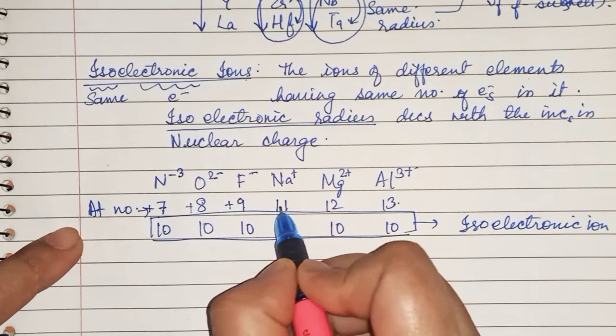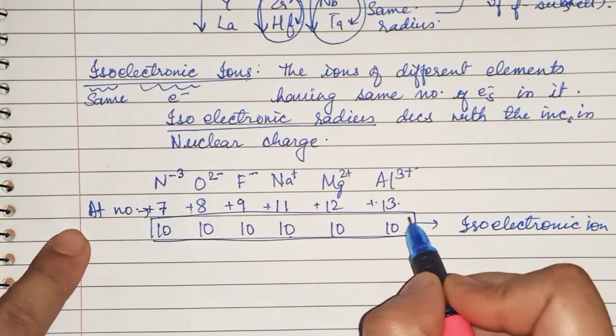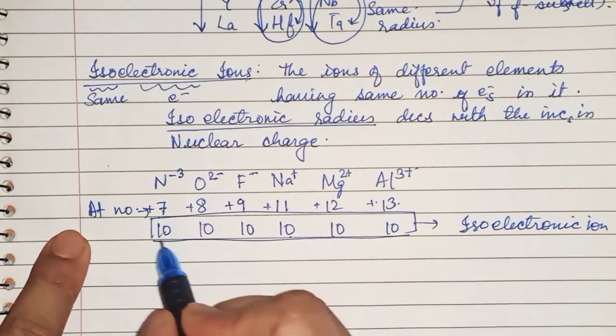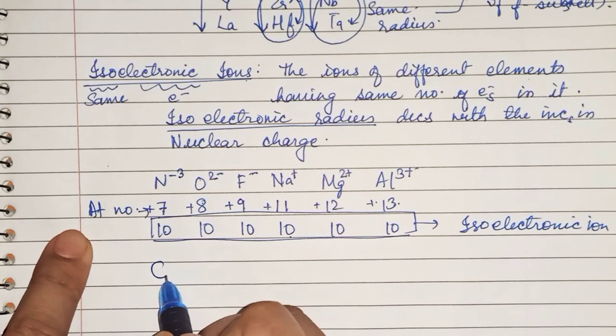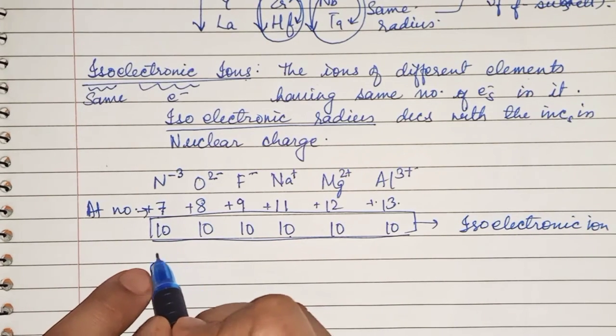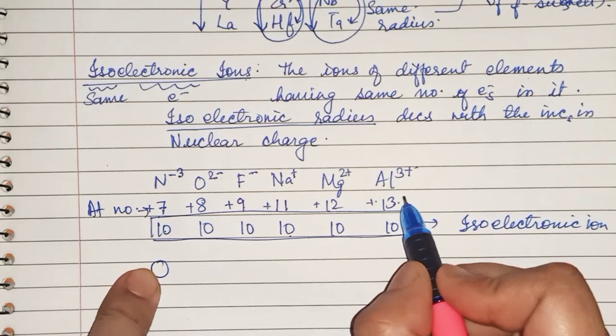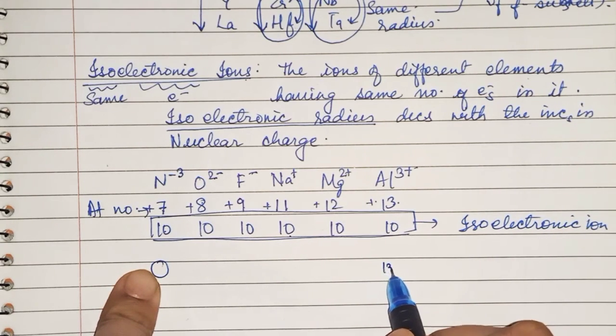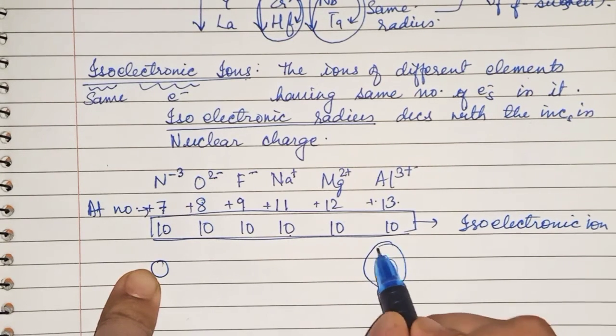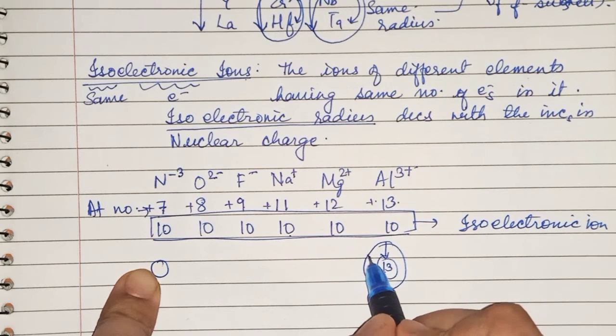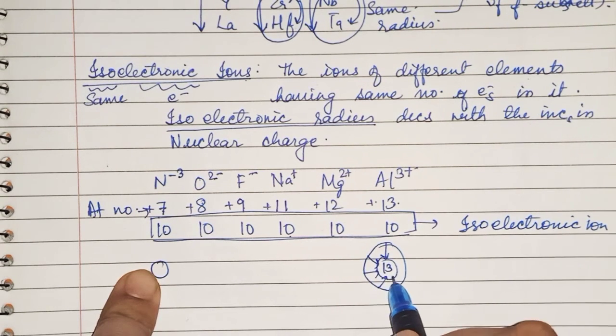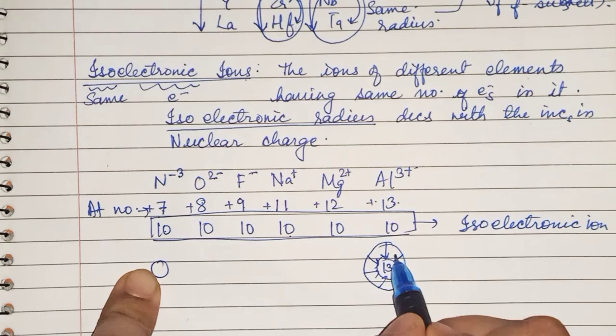But you can see here that this atomic number is showing the nuclear charge also. So here the nuclear charge is more, 13 charge, and it has to attract only 10 electrons. So it will attract the 10 electrons very strongly towards itself.